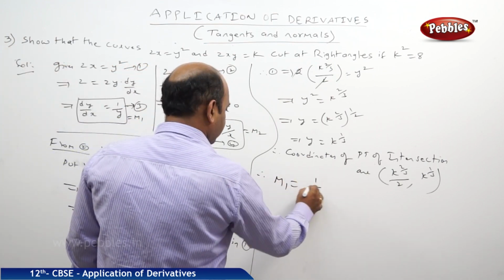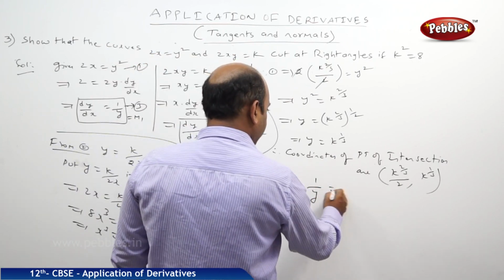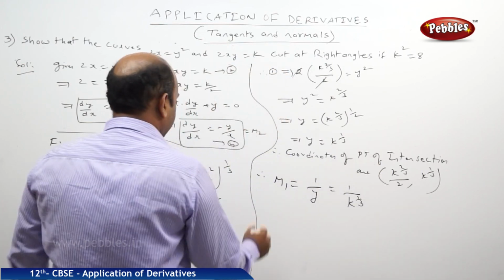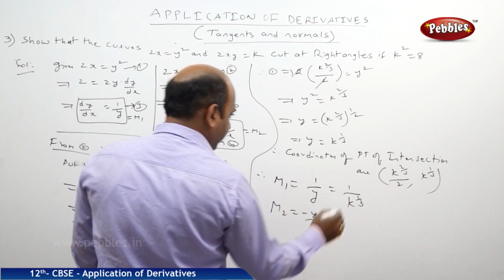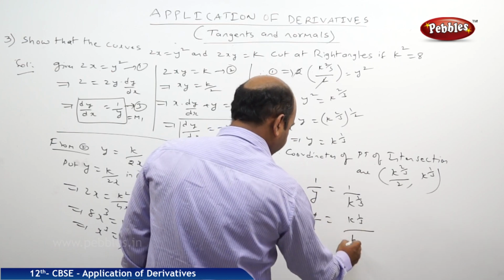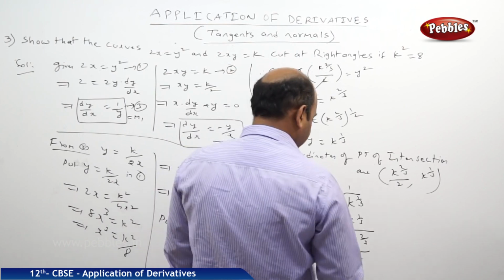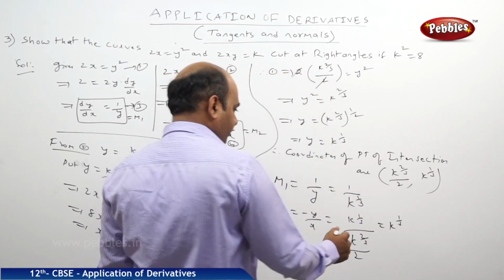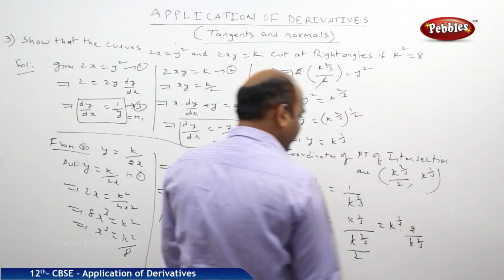Therefore, m1 is equal to 1 by y, from 3. So 1 by y means 1 by k power 1 by 3. And m2 is equal to minus y by x. So finally, k power 1 by 3 by k power 2 by 3 by 2. This can be written as k power 1 by 3 into 2 upon k power 2 by 3.